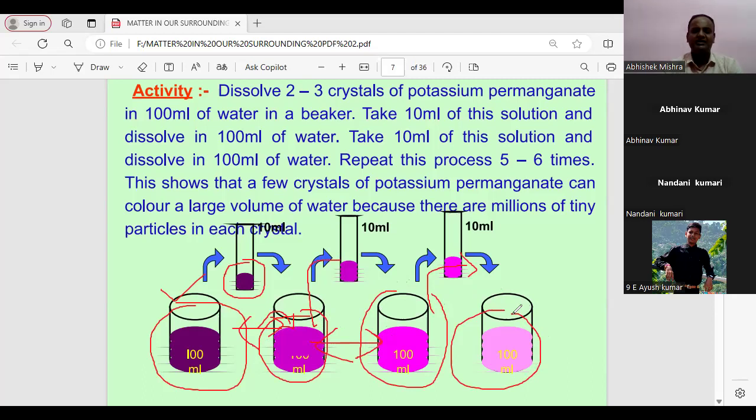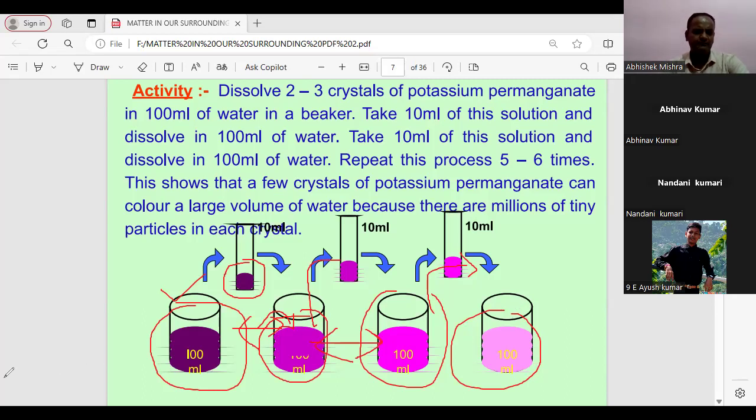We are not saying that the color is becoming nil. If the color became nil, that would mean potassium permanganate is no more there in the solution. But it is there in the solution because there are tiny particles in each crystal, and that is why we get color in each and every case. Though the color is lighter, that means the density, the number or population of the particles, keeps decreasing.